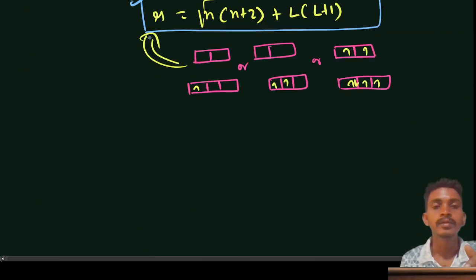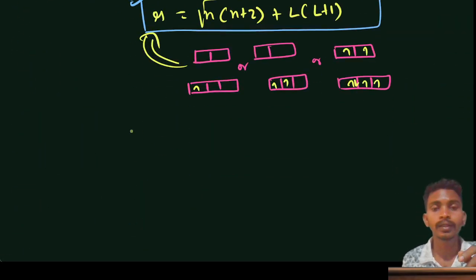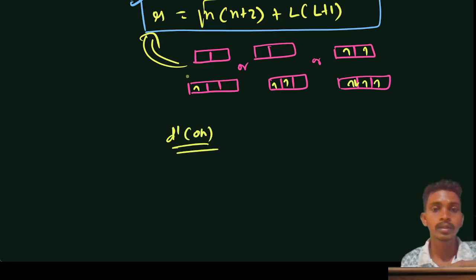Okay, so let's say it is d1 octahedral, and it asks to calculate the magnetic moment of this type. So how will we calculate?